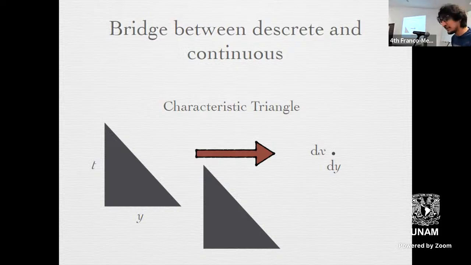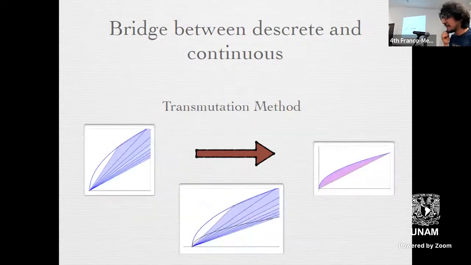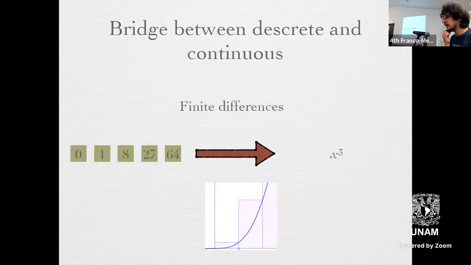In the transmutation method, you have to reduce the triangle to get the curves. Here, you see. And in the finite differences, it's the same. You have to find the closer and closer values of the progression to get to the function.